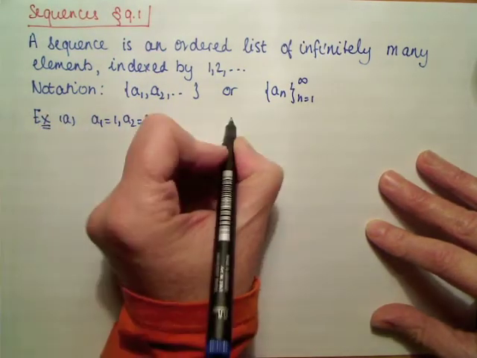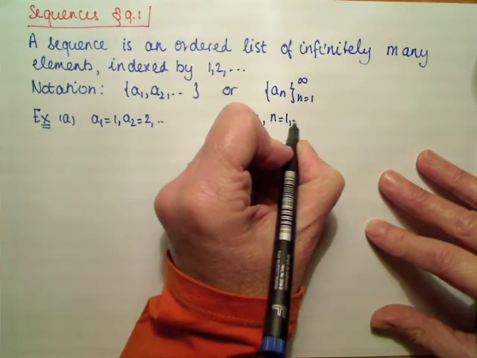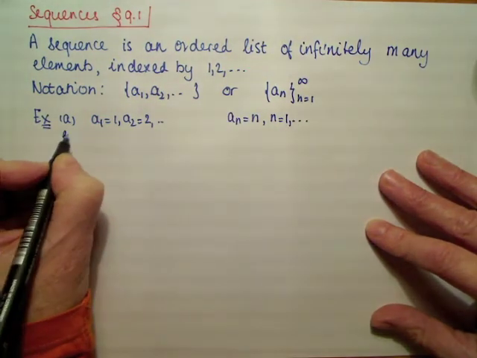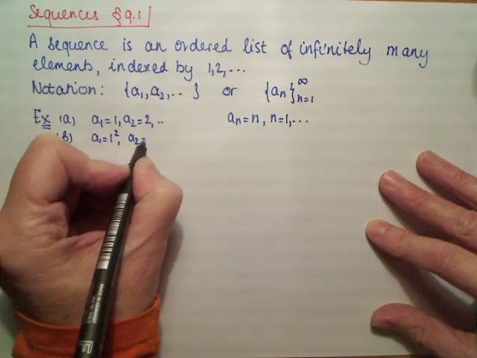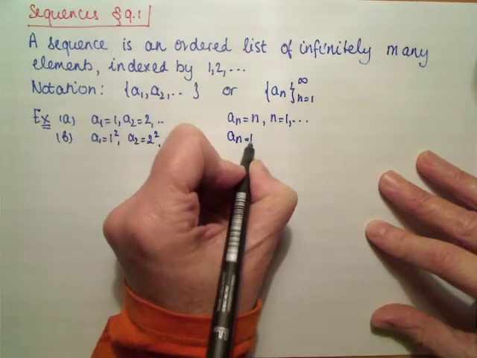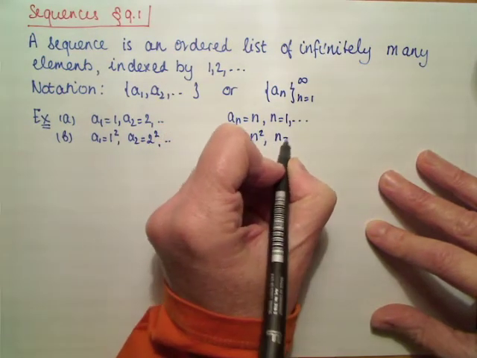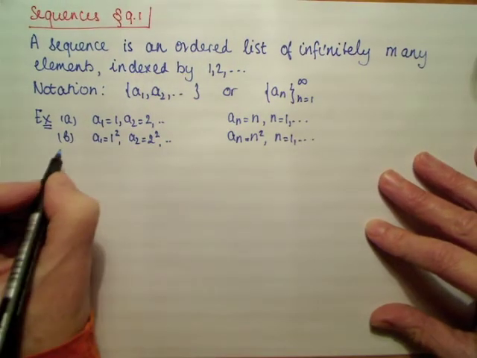In general, An equals n. The second example can be A1 equals 1 squared, A2 equals 2 squared, and in general An equals n squared. So we have a sort of prescription for describing this sequence.